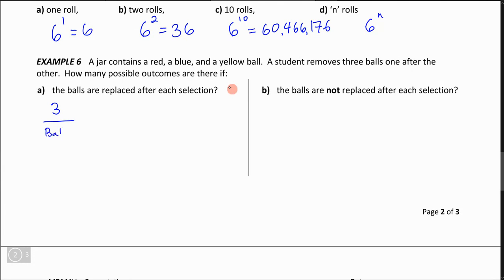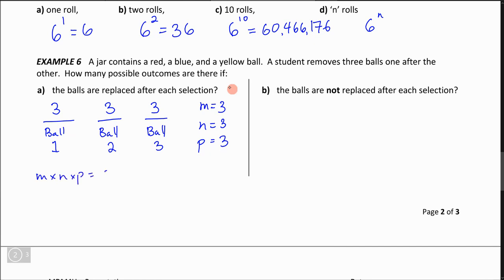So for ball number 1 you have a choice of 3, and again you have a choice of 3 for ball number 2, and again you have a choice of 3 for ball number 3. So for each event you have 3 possible, distinct outcomes. The multiplicative counting principle says m times n times p is equal to 3 times 3 times 3, which is just 27.